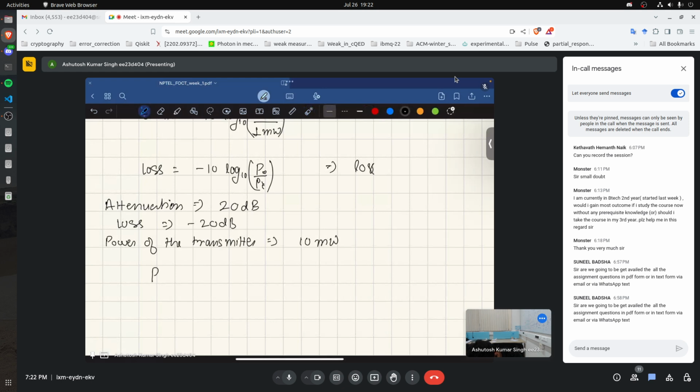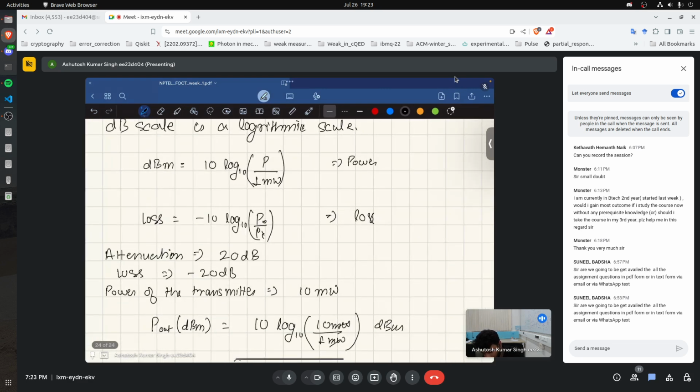So power at output in dBm is given by 10 log 10 10 milliwatt by 1 milliwatt. This cancels and this is in dBm. Oh yeah, one thing to note here is that power is written in dBm.